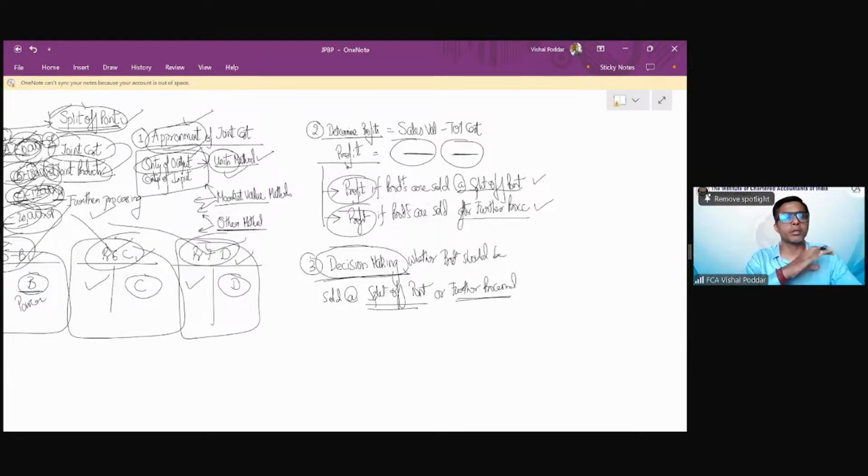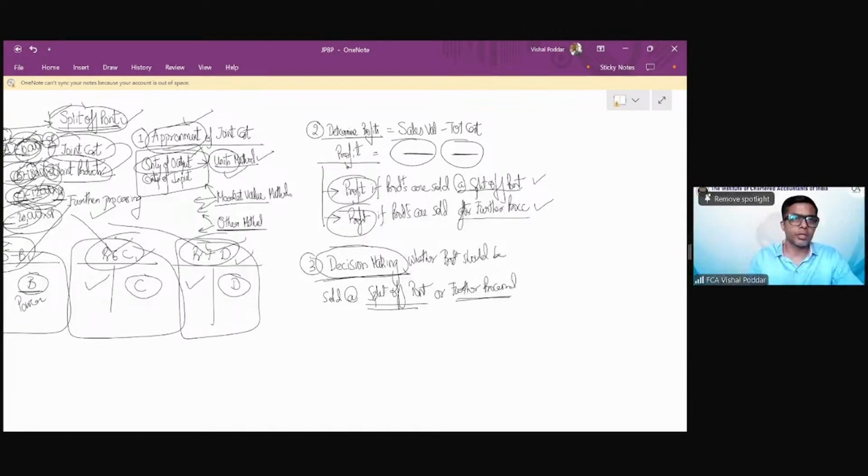Now, it may happen for some products, the profits are higher at split off stage. So I'll give them the decision that these two products should be sold at split off itself. Where the profits are greater at after further processing stage, I will say, okay, sell these products after further processing. So these are the broad three things that you would be asked for in this chapter.